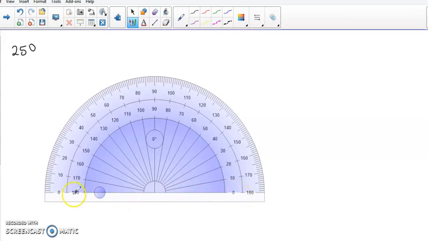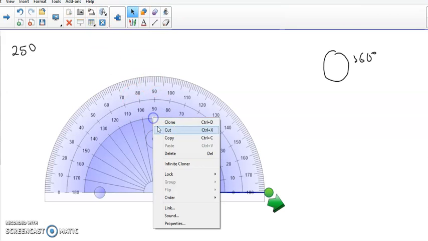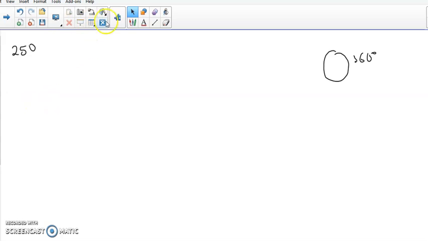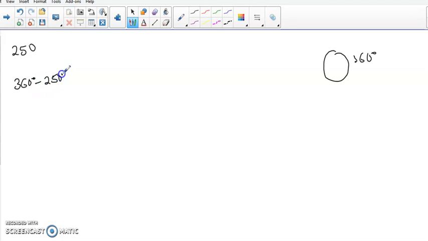You see that it's not up to 250. But remember, a round circle is 360. So what I'm going to do here is first of all set 360 degrees minus 250. 360 minus 250 gives us 110 degrees.